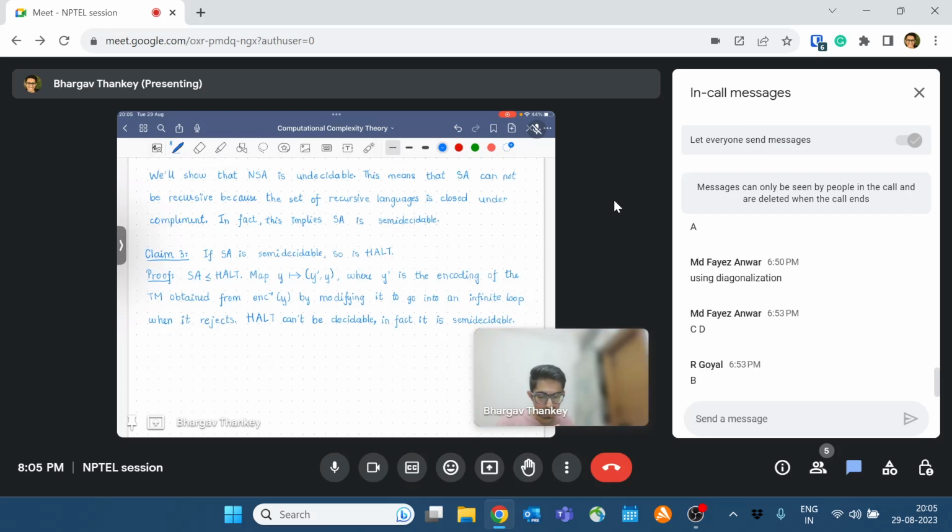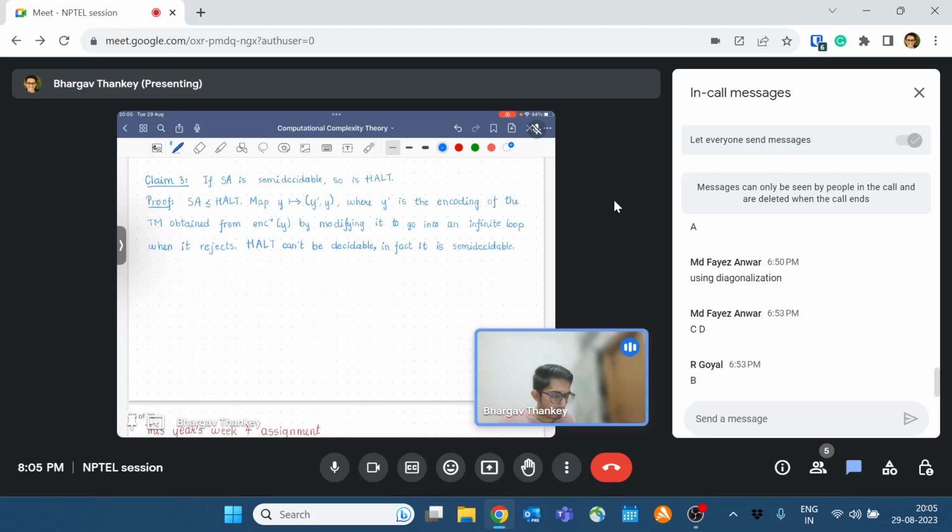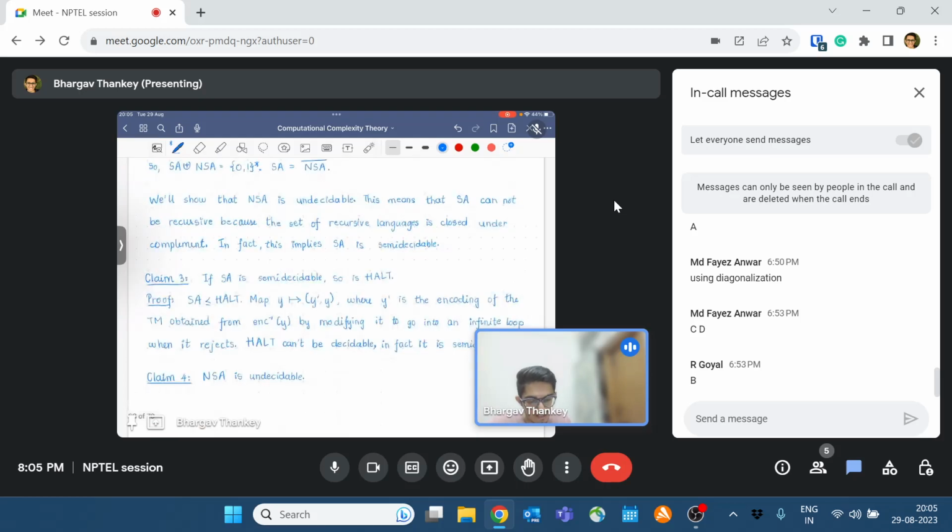Okay, so now is the main part where we are going to use diagonalization, and it's this claim: NSA is undecidable. Recall our strategy to show that.